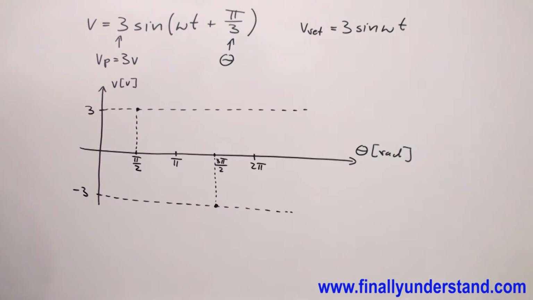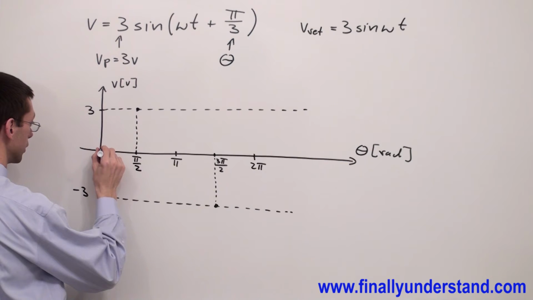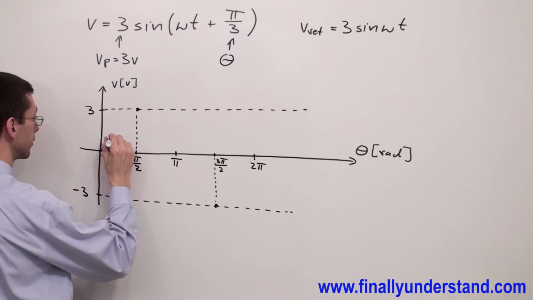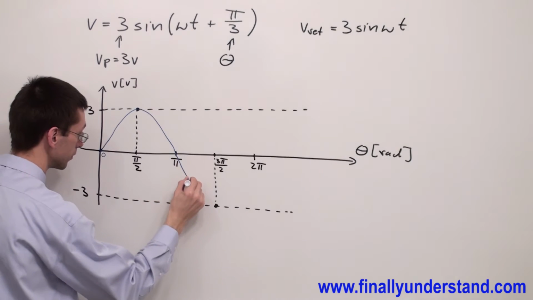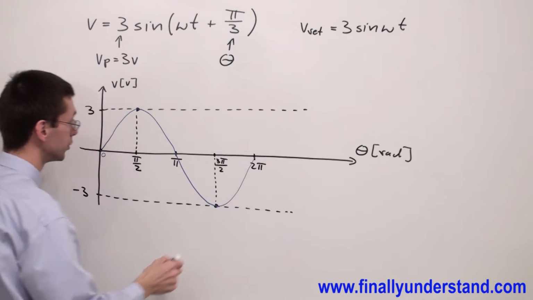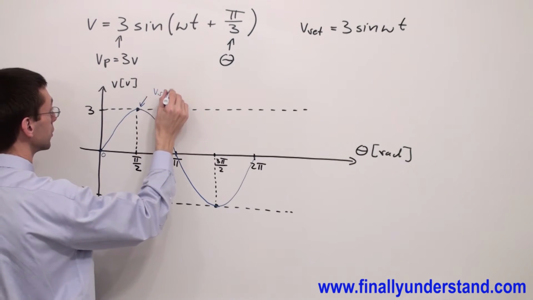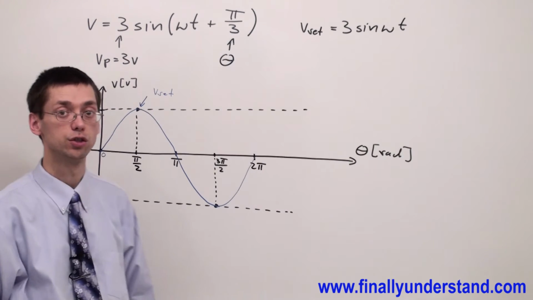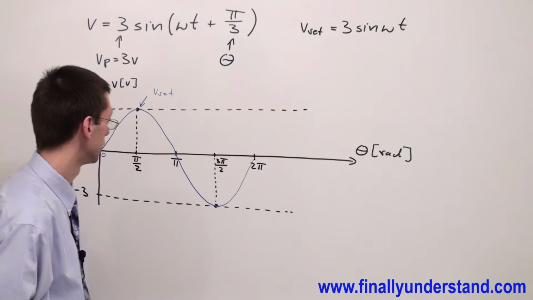Okay, this is going to be my reference sine wave. I have to connect all these points together. This is my reference, V reference. This is not my answer yet. This waveform has to help me to find the answer.